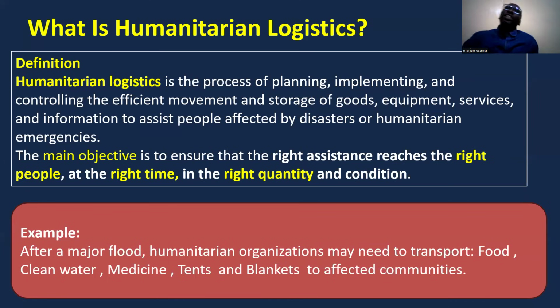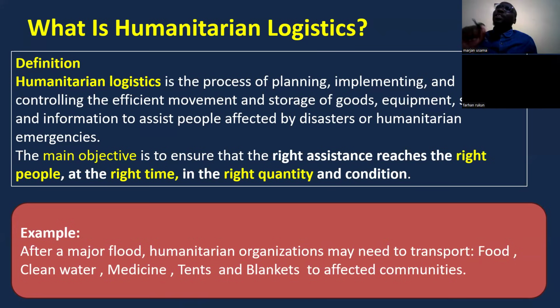In the right quantity. Also, humanitarian logistics ensures that we get the right quantity. For example, if 100 people have been affected, then we need to bring food for 100 people. But without humanitarian logistics, you can find that sometimes we bring more or less.